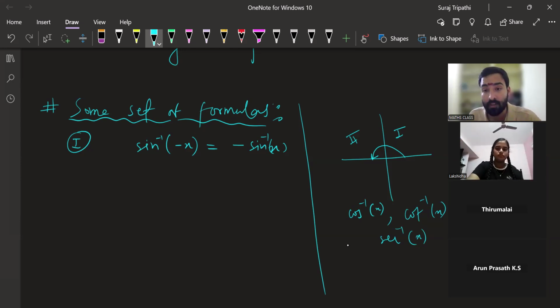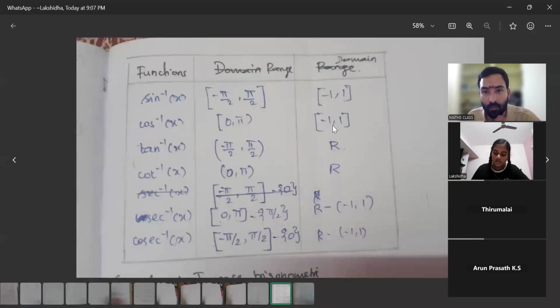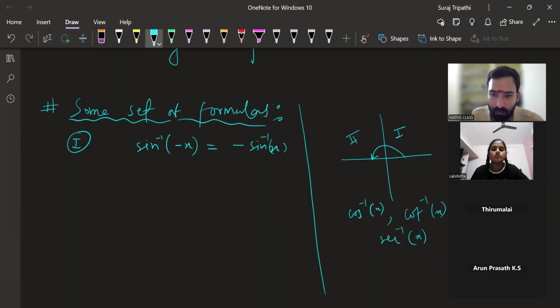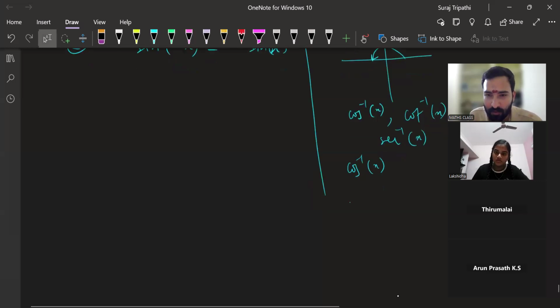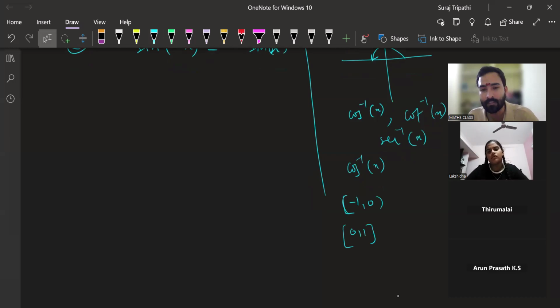Now this is for, see again, cos inverse x. For cos inverse x, as you can see here, domain is -1 to 1, range is 0 to pi, right? So for cos inverse x, if x belongs to 0 to 1, then angle will lie between 0 to pi by 2.